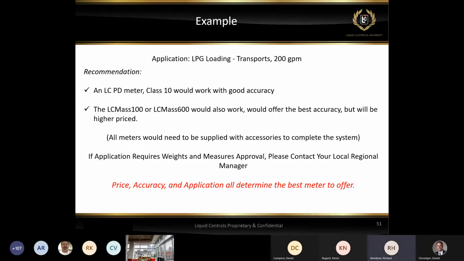This should be determined by working with the local regional manager, but also work with the local weights and measures. Even though we've been familiar with PD meters and with mass flow meters, some weights and measures may not be that familiar with those devices, and we are. So help them out, work with them, and therefore we can offer the best service and products for that application.